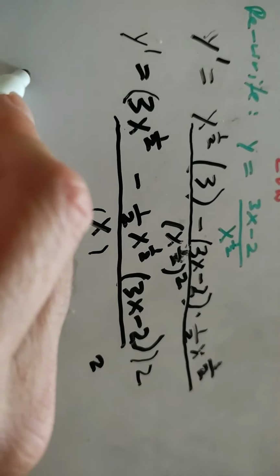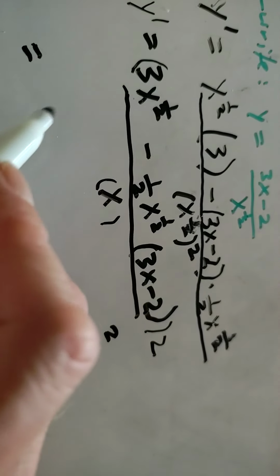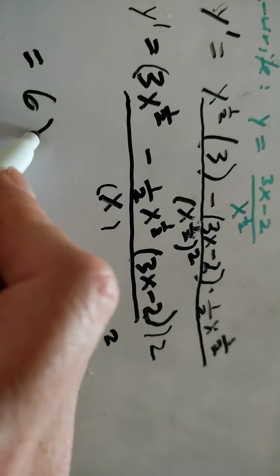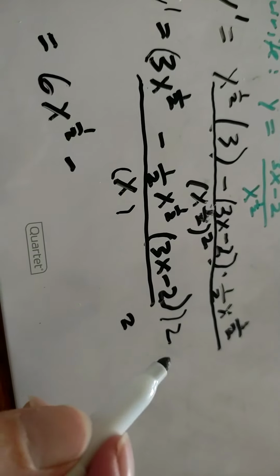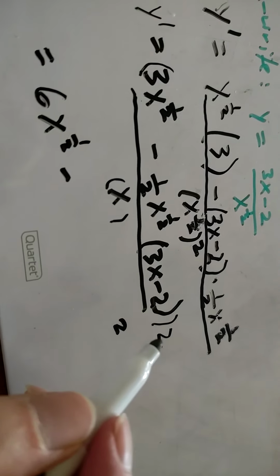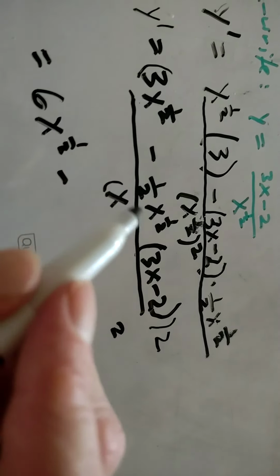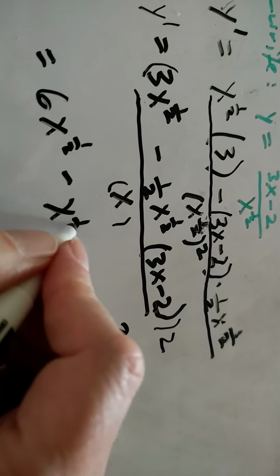So this is now going to equal, so distribute this 2. 2 times the 3x to the 1/2 is 6x to the 1/2 minus, and then 2 times a half, they go away, because 2 times a half is 1. So what's 1 times x to the 1/2? It's just going to be x to the 1/2.